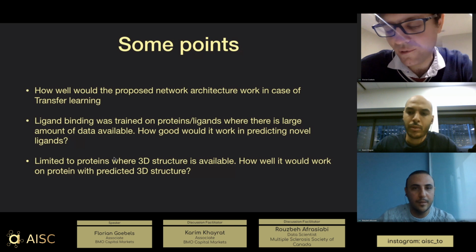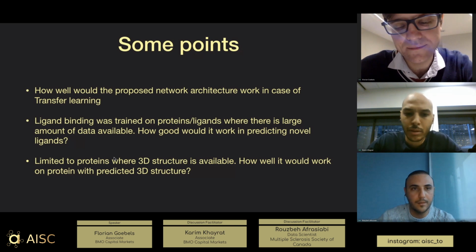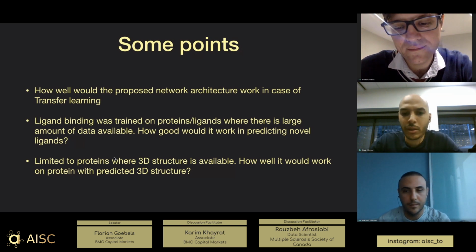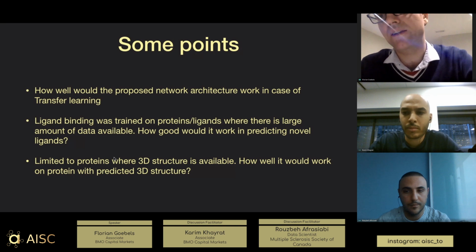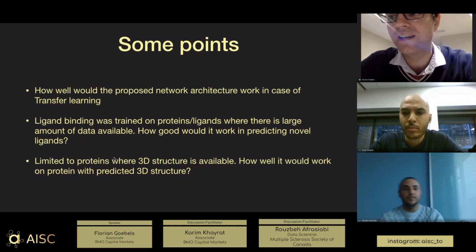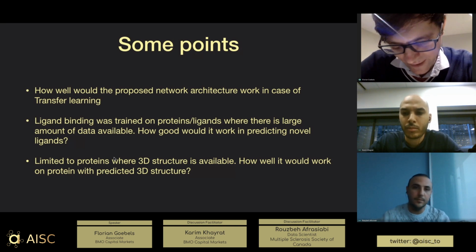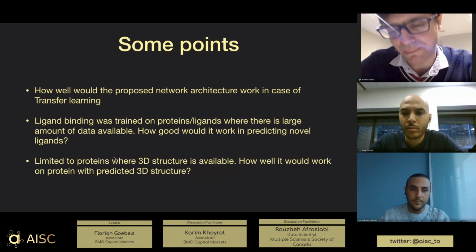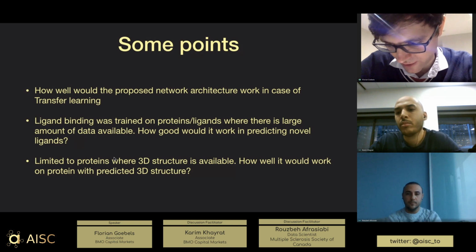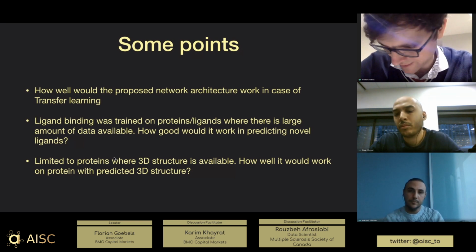And one other point is that it's limited to proteins where a 3D structure is available, right? There are a lot of proteins where you cannot create a 3D structure. So you can think of it as a bit of a blind spot, right? You can only create a 3D crystal structure of a protein if the protein crystallizes.